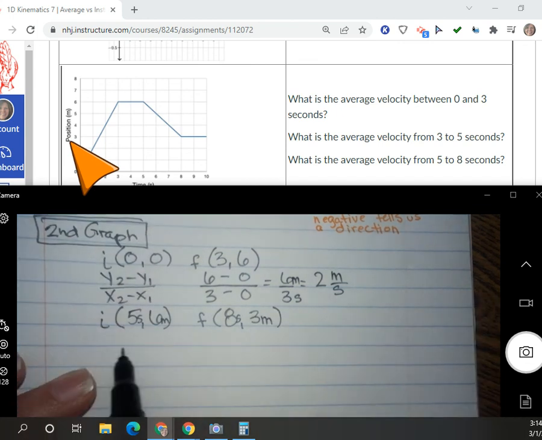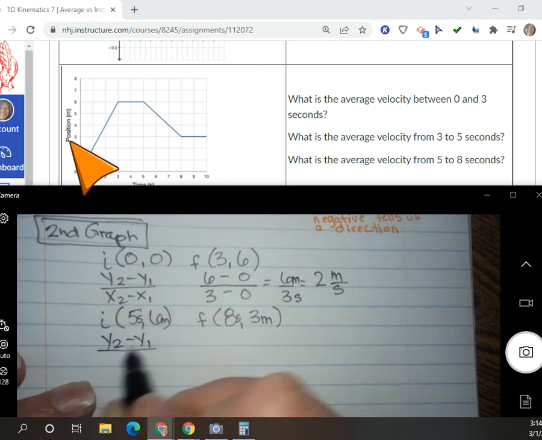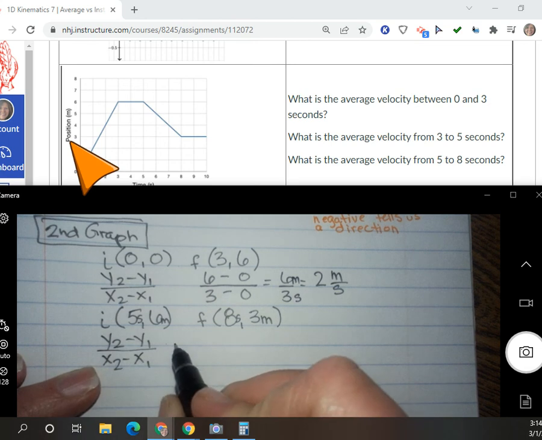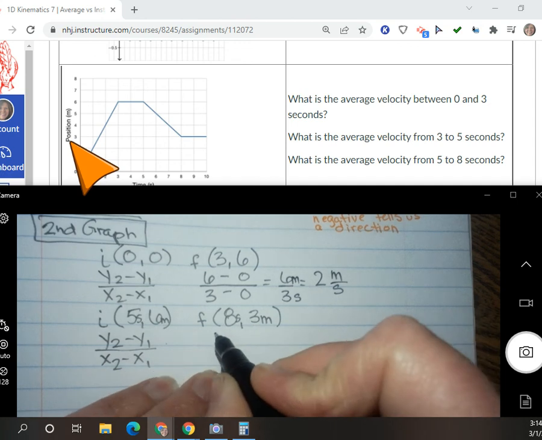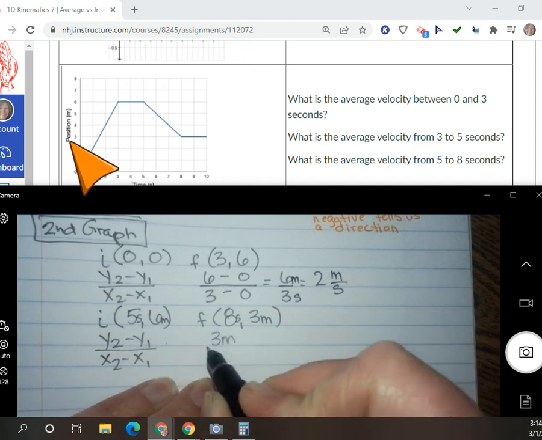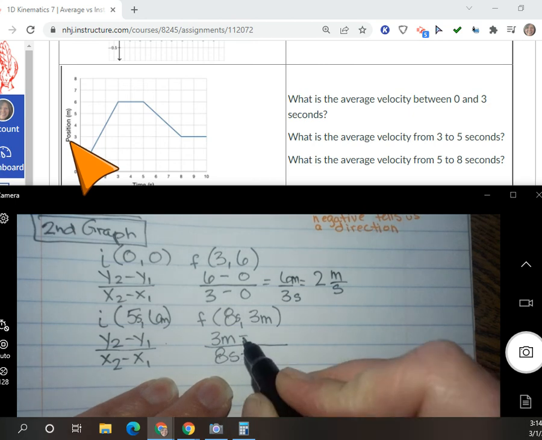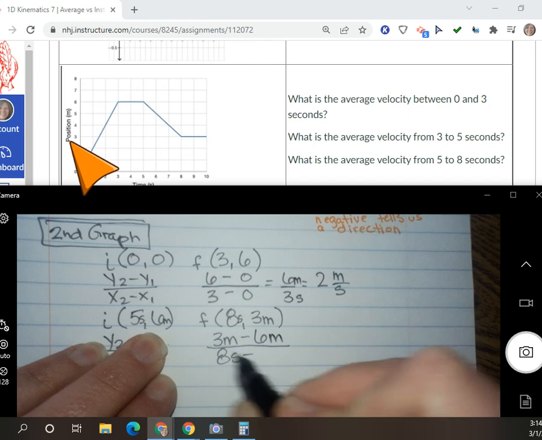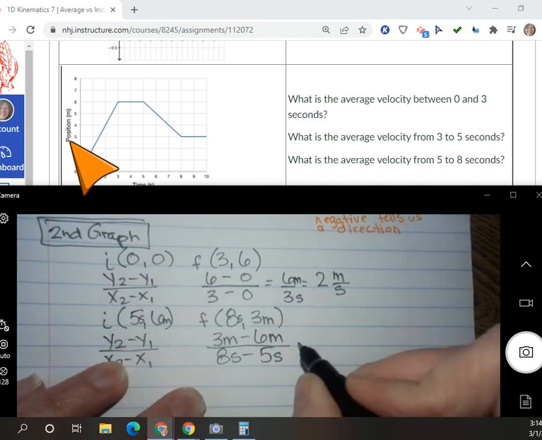When I plug that in, always write your formula. It helps your brain to remember it. So this is my second one: my y is 3 meters, my x is 8 seconds. I'm going to subtract my initial, so my y is 6 meters and my x is 5 seconds.